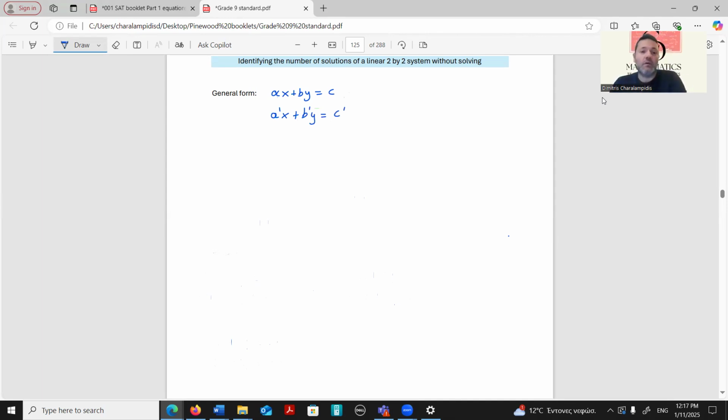By taking a look at this general form, we can see the x's and y's. After all, a 2x2 system means two unknowns, in this case x and y, and two equations. And I used as coefficients a, b, c and a prime, b prime, and c prime.